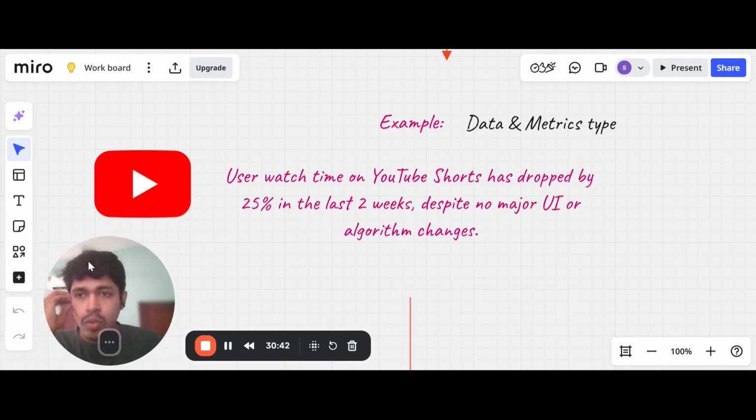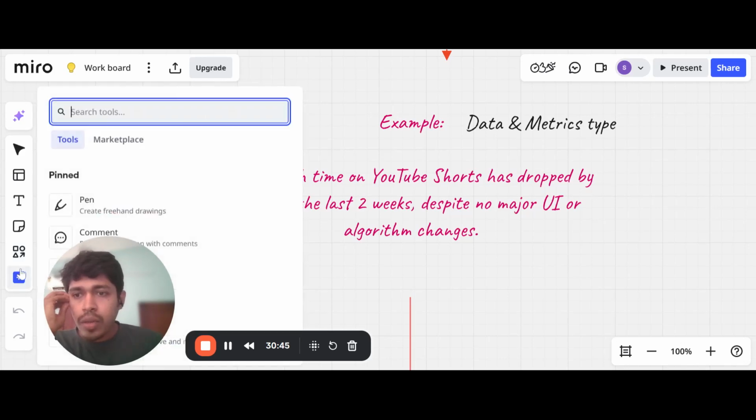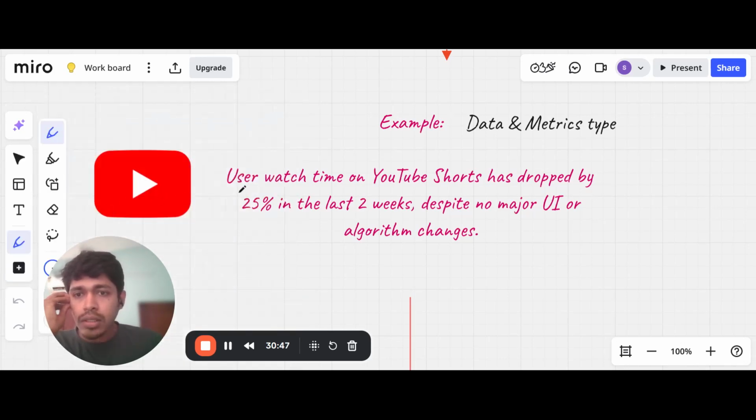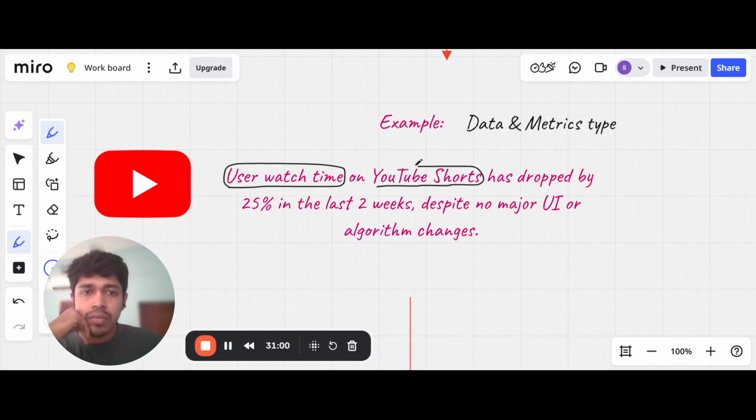Now, what's the first thing we should do? We should look at the keywords. The keywords are, this is one, this is another one, this is another keyword, this is another keyword.